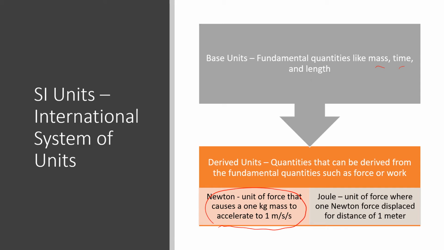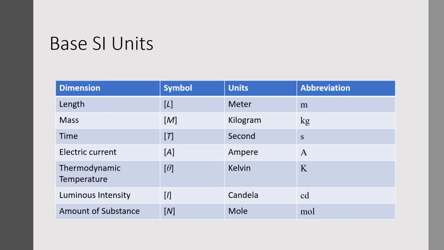You have your base units and you have your derived units. So here are the base units. There are 7 of them. The most commonly used ones are length, mass, and time. That's what we have in the first column, the dimensions of length, mass, and time. And the units in this third column would be, for example, meters, kilograms, or seconds. The next one down is electric current, which is in units of amperes.